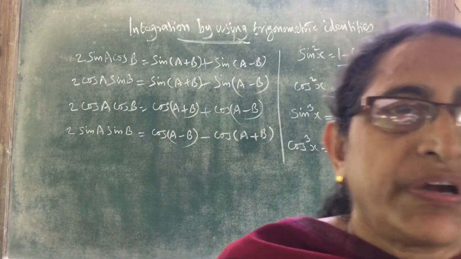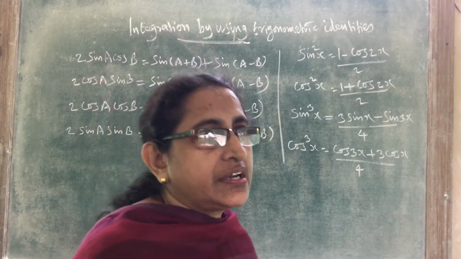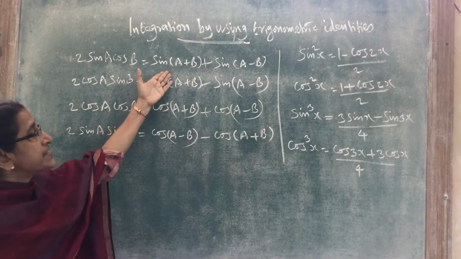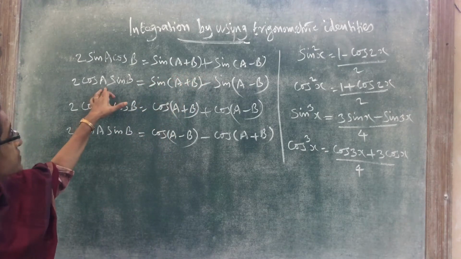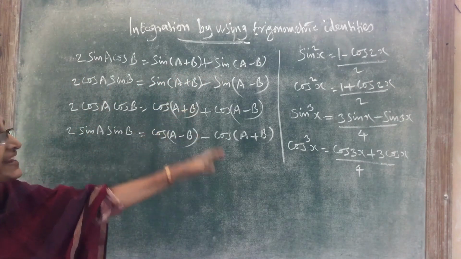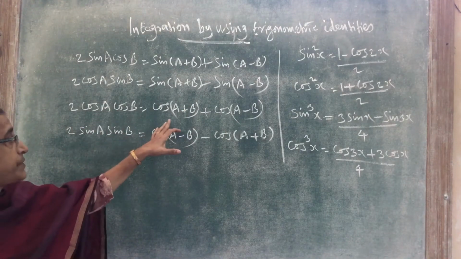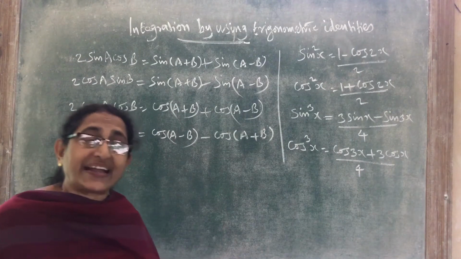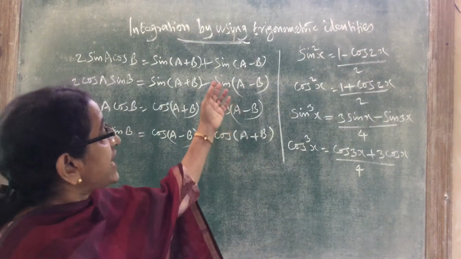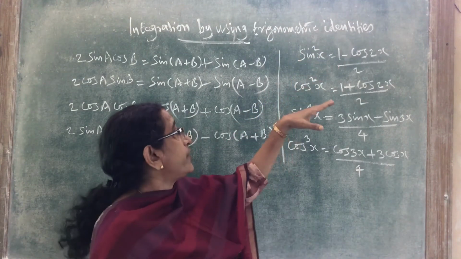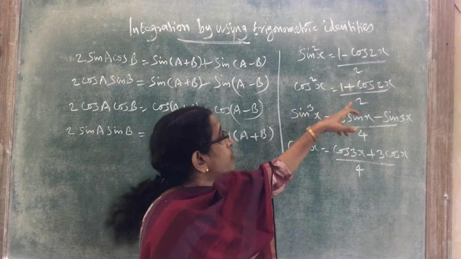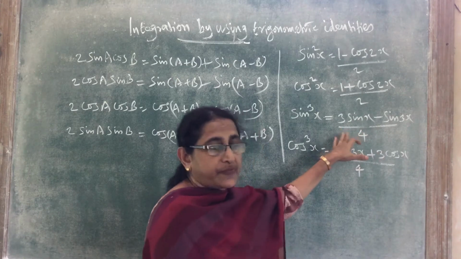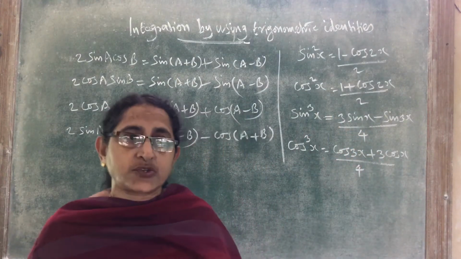Now we will do integration by using trigonometric identities. We have studied the identities: 2 sin A cos B = sin(A+B) + sin(A−B); 2 cos A sin B = sin(A+B) − sin(A−B); 2 cos A cos B = cos(A+B) + cos(A−B); 2 sin A sin B = cos(A−B) − cos(A+B). And sin²x = (1 − cos 2x)/2, cos²x = (1 + cos 2x)/2, sin³x = (3 sin x − sin 3x)/4, cos³x = (cos 3x + 3 cos x)/4.